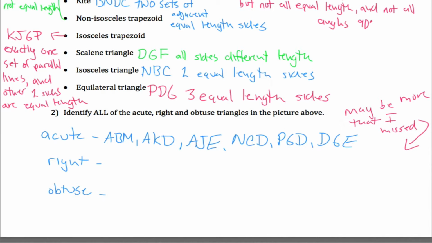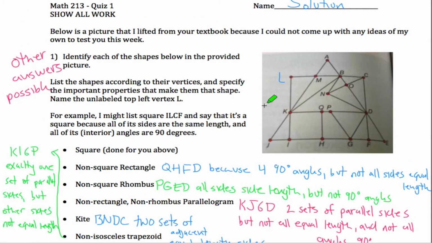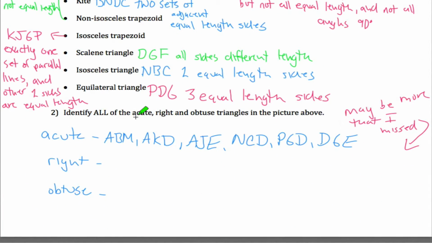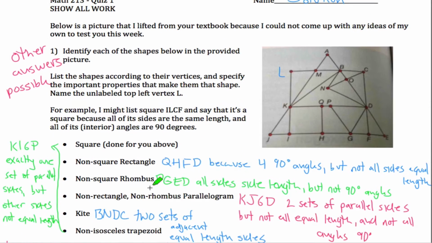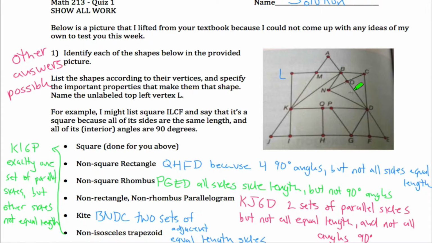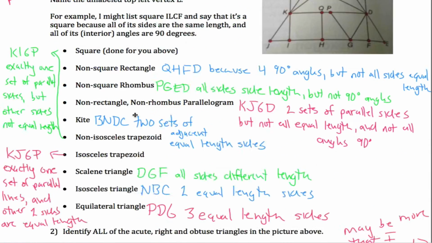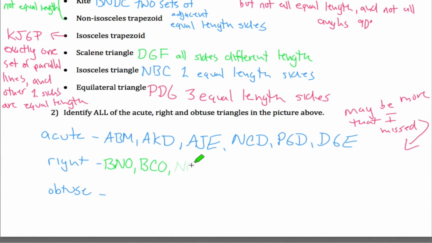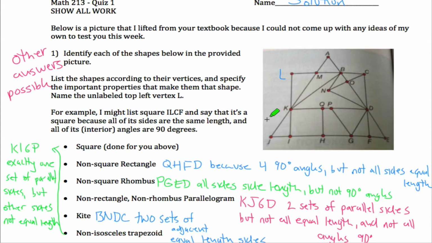Okay. What about right triangles? Well, there are a ton of those. BNO, BCO. NOD and COD. What else do I have in here?